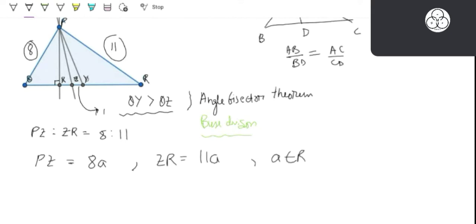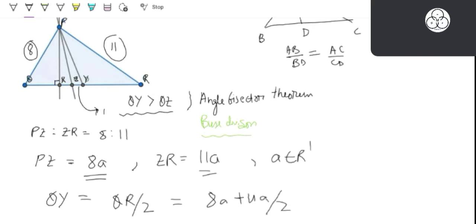Now, what will be the value of QY? As it's the median, QY will be QR by 2. And what is the value of QR? 8a plus 11a, by 2, where a belongs to some positive real number. That is 19a by 2, which is 9.5a exactly, not approximately.